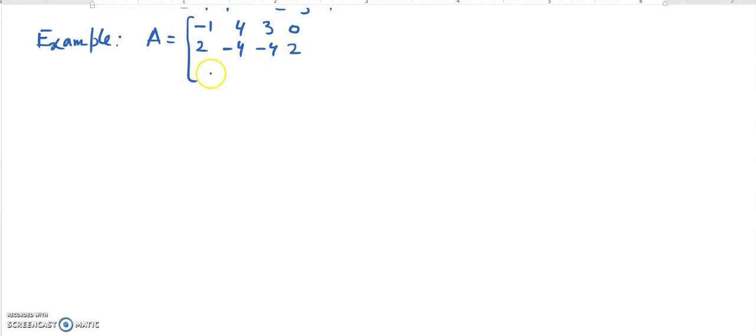In this case I take a 3 by 4 matrix, that means with m equal to 4. So I take A equal to this matrix: minus 1, 4, 3, 0, 2, minus 4, minus 4, 2, and 2, 8, 2, 8.